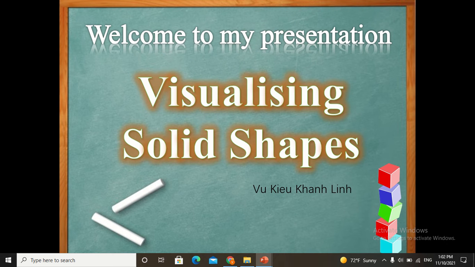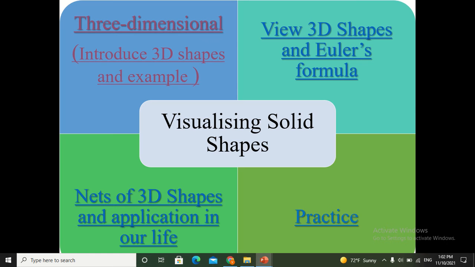Visualizing solid shapes. Today's lesson consists of 4 parts. Part 1, three-dimensional shapes: introduce 3D shapes and examples. Part 2, view 3D shapes and Euler's formula.